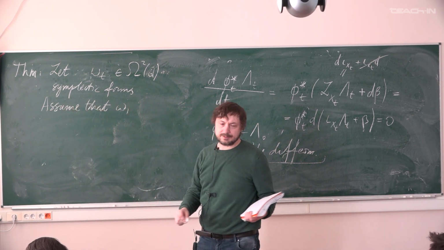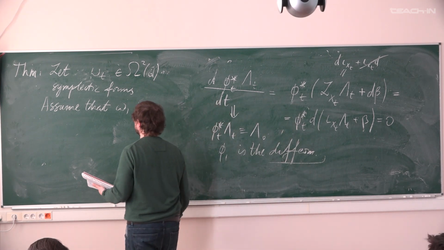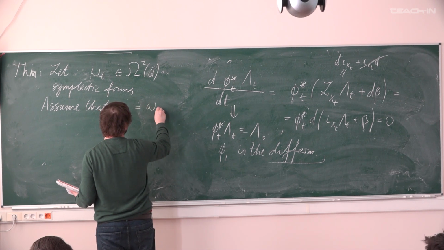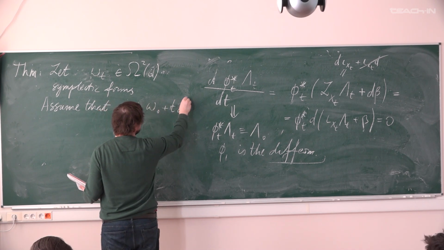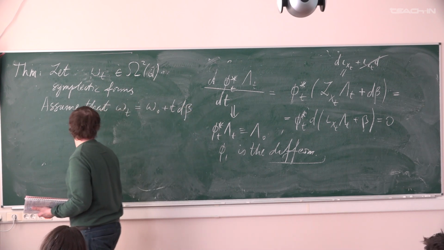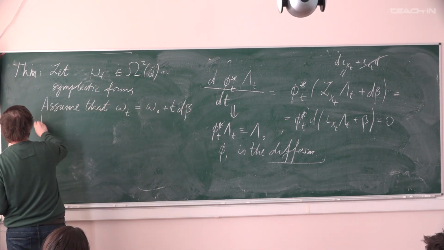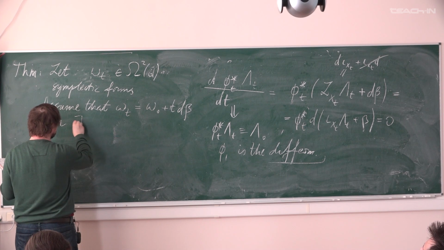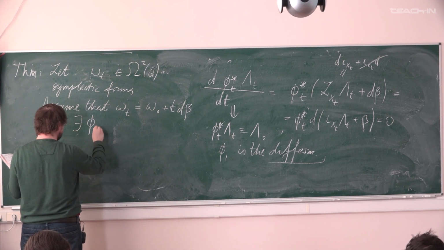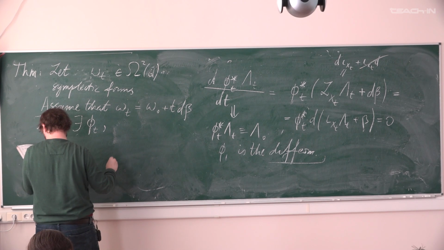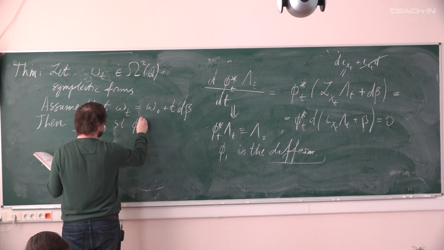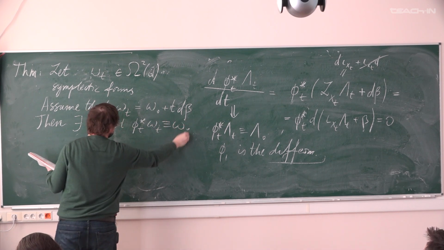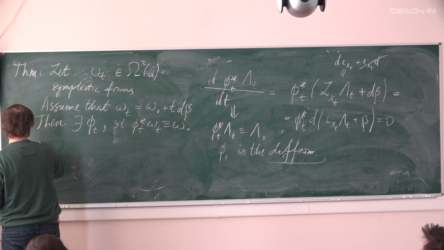I'll repeat the same a bit later. So this would be a family of symplectic forms, and assume that omega t is equal to omega 0 plus t d beta. Then there exists an isotopy again, phi t, such that phi star t of omega t is equal to omega 0. The proof is precisely the same.